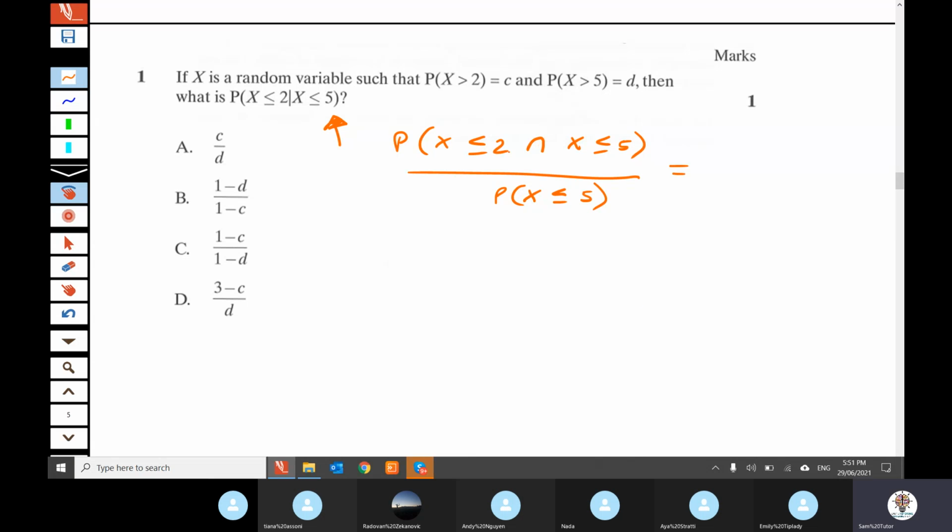Now x is less than or equal to 2 and x is less than or equal to 5. That means x has to be definitely less than or equal to what?